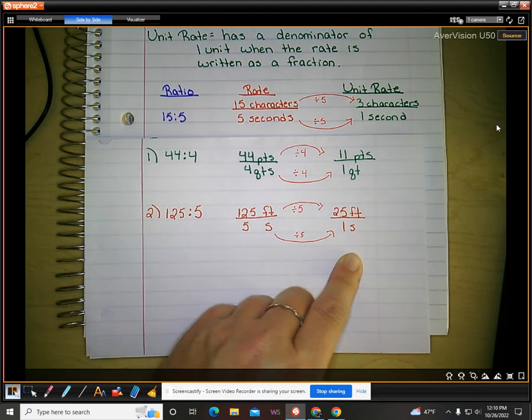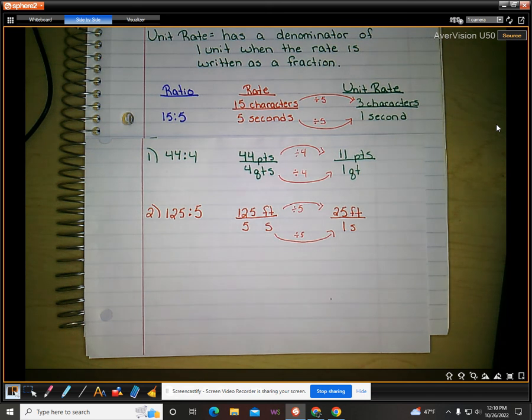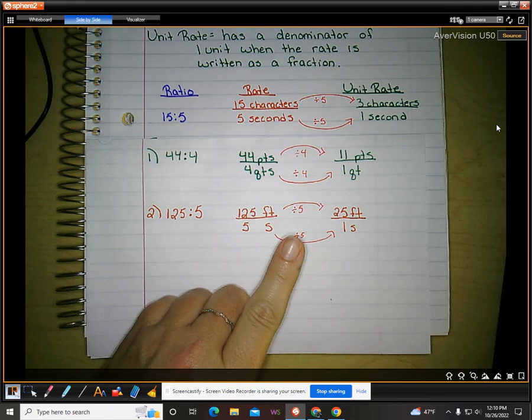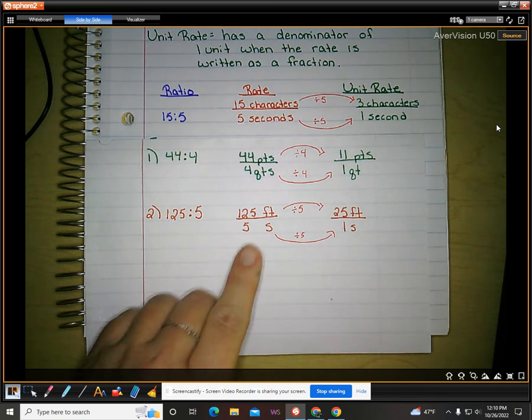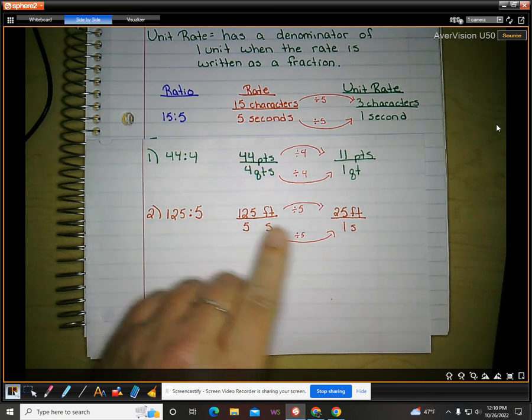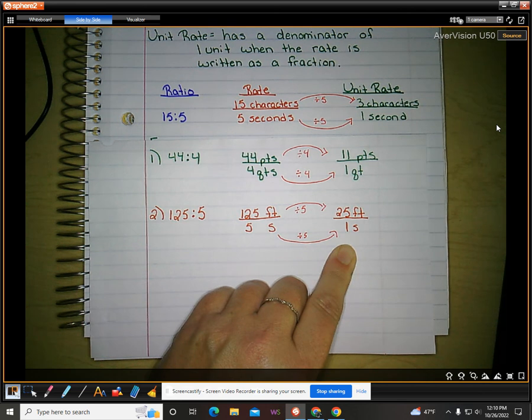Your calculator needs to be able to add, subtract, multiply, and divide. That is it. So it can be as basic as they come. You will be able to use those to help you figure this out. All right. Any questions on switching a rate to a unit rate? We're just dividing.